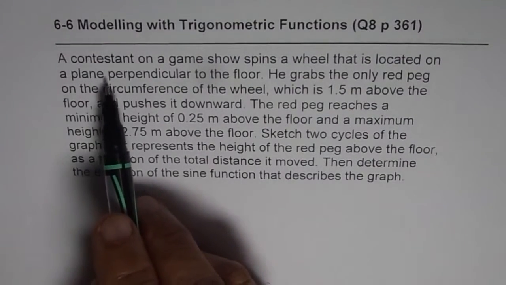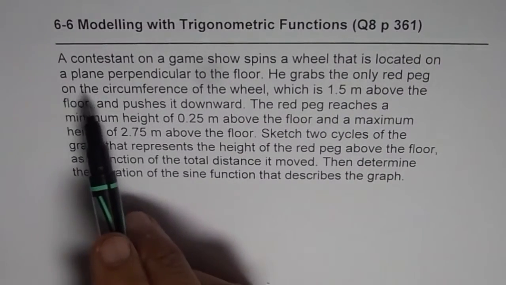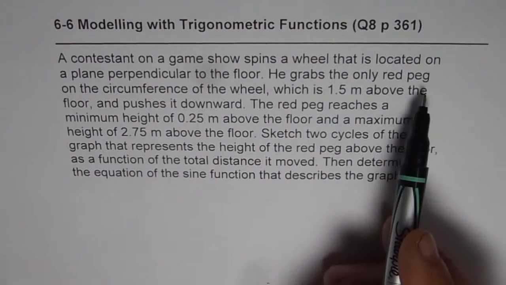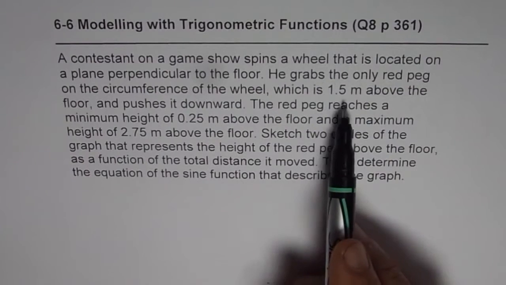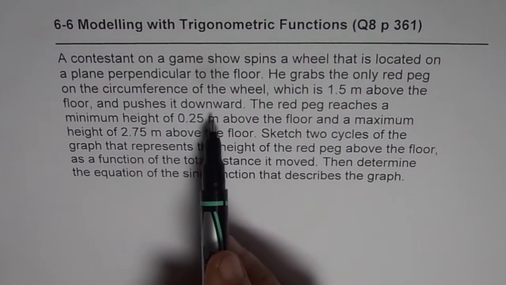A contestant on a game show spins a wheel that is located on a plane perpendicular to the floor. He grabs the only red peg on the circumference of the wheel, which is 1.5 meters above the floor, and pushes it downward.